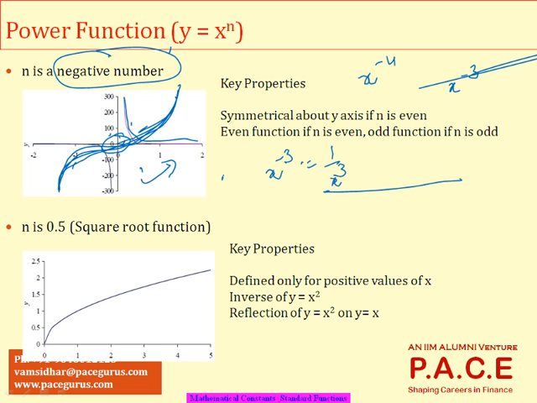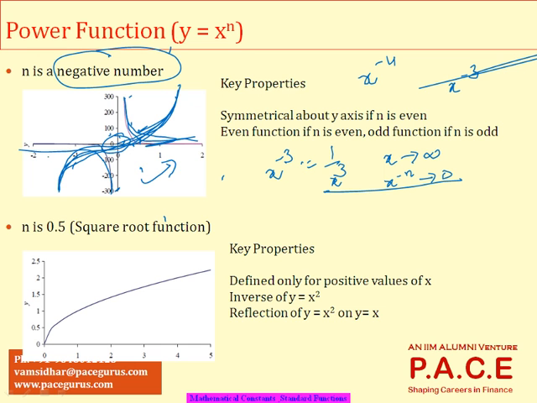So what we typically see is, right from here you see that there is a decreasing function, and as x tends to infinity, this x to the power of minus n will tend close to 0. So it will be both on the positive as well as the negative side.